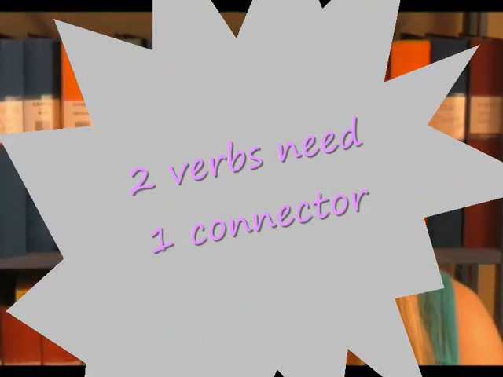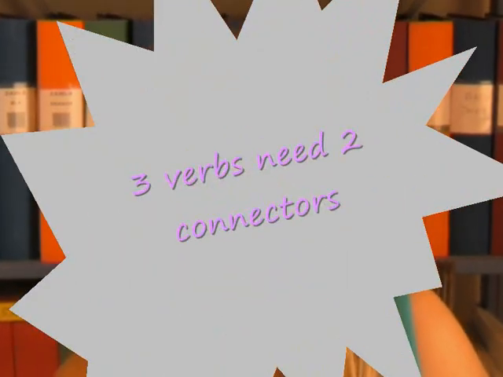So in our example, May was eating and Mel was sleeping, we had one connector, and. We had two verbs, was eating and was sleeping, and they were connected with and. Of course, if you have 3 verbs and 3 subjects, you are going to need 2 connectors.